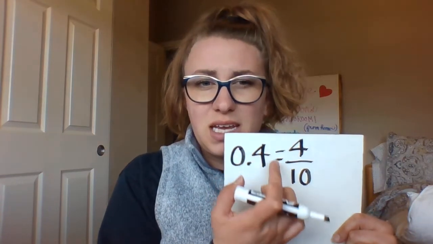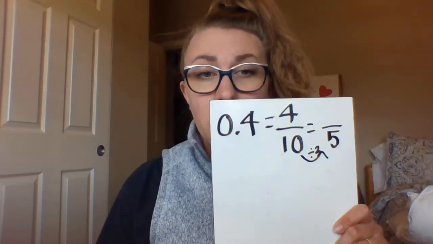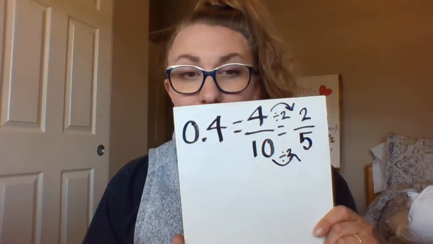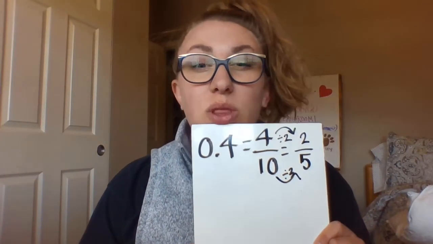What if we divided our numerator and denominator by 2? Because I can do 10 divided by 2, I get a new denominator. It's a 5th. If I divide 4 by 2, my numerator, look what I get: 2/5.